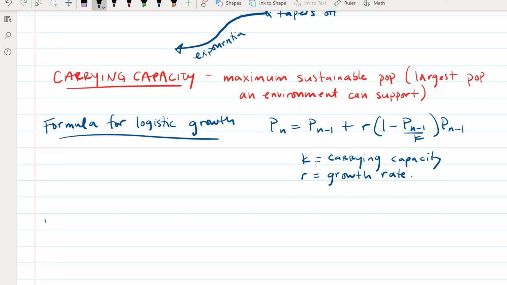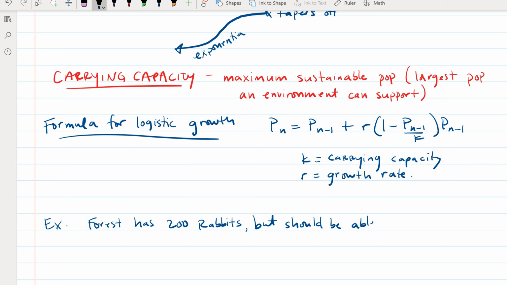So here's an example. A forest has 200 rabbits in any given perimeter of land. But it's estimated to be able to sustain 2,000 rabbits.